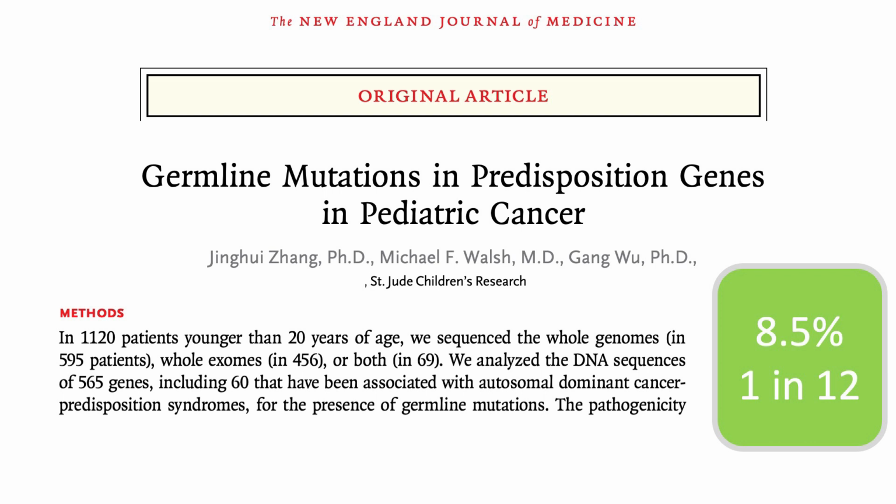They basically sequenced more than 1,100 patients using whole genome and whole exome sequencing data. And they found, across different tumors in young patients younger than 20 years old, a germline mutation in 8.5%, which is 1 in 12.